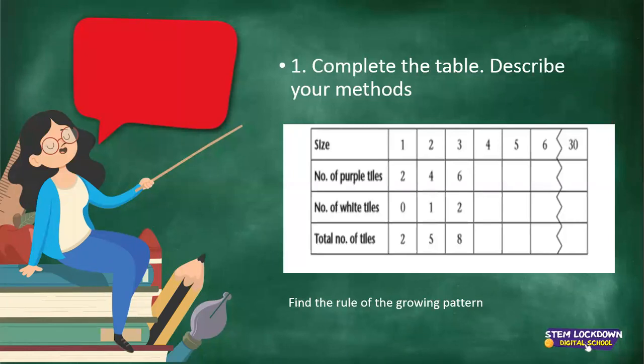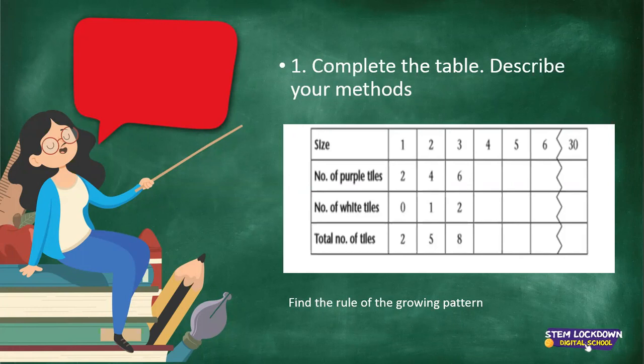Another thing that I've noticed with this pattern, if you're looking at the total number of tiles, I noticed that the number for each size grows by 3. You just add 3 on your next tile, because we have here on the first size, for the total number of tiles, we have 2.